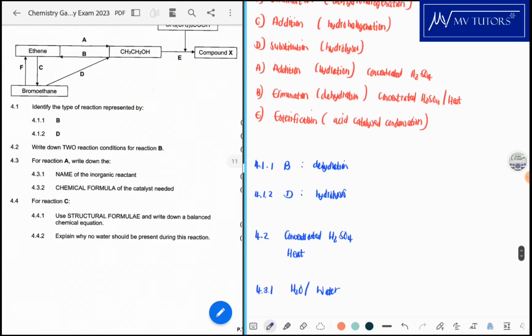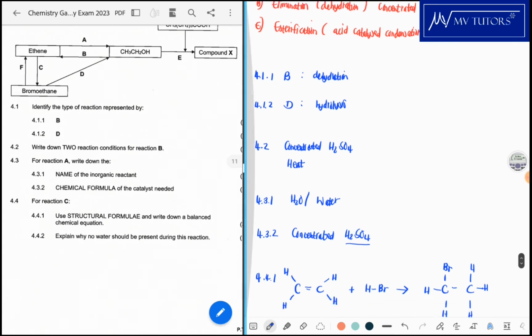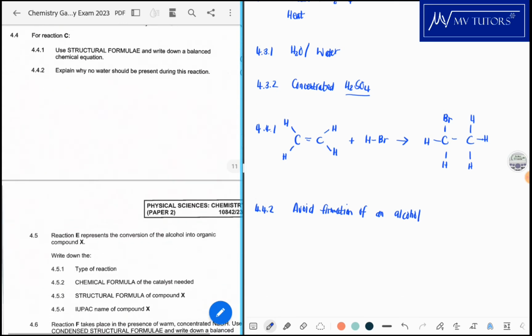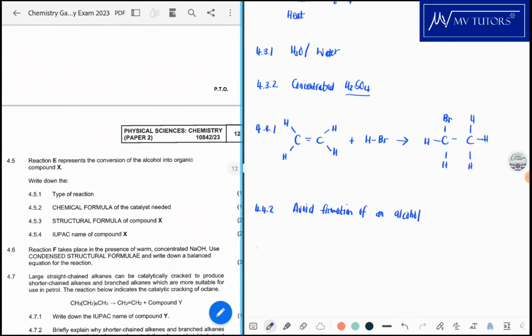If you were to have water, it just might turn into alcohol. So we're trying to avoid the formation of an alcohol. We don't want any alcohol present there.